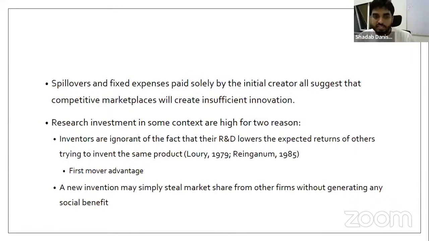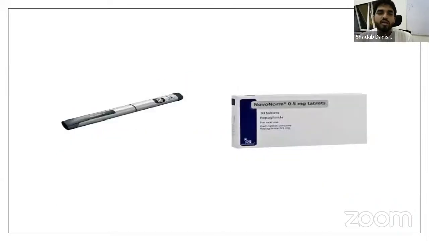So, the second point: a new invention may simply steal market share from other firms without generating any social benefit. How is that? Take an example of drugs. There is a company which produces diabetes insulin, and there is a pen for that.